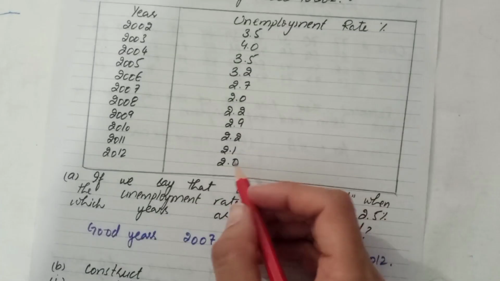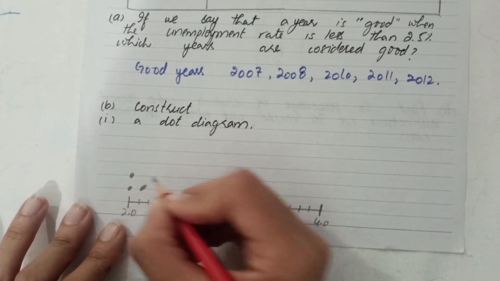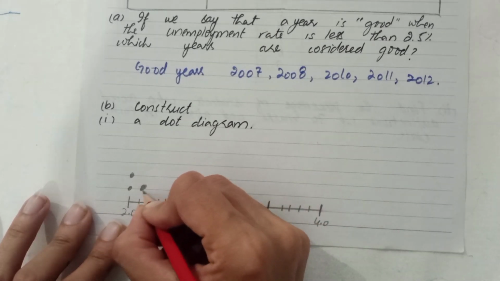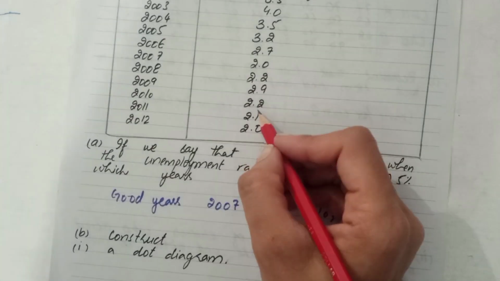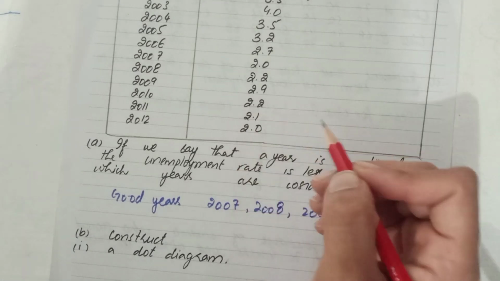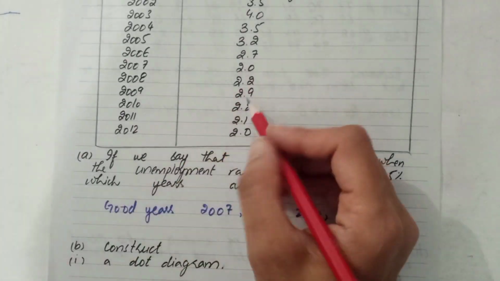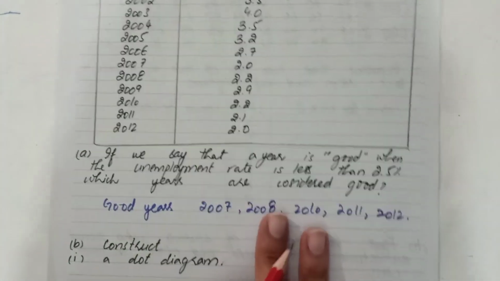and 2.1 one time. And 2.2 is also one time, two times. 2.2 two times.